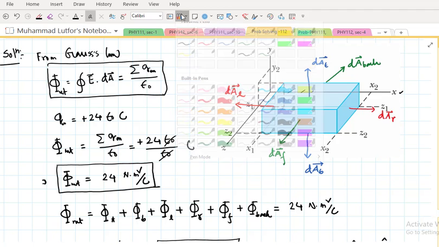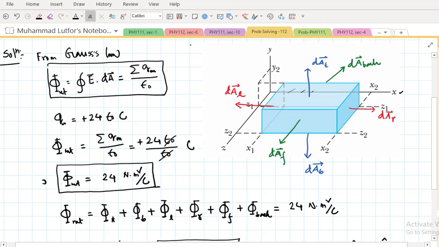Fine. Now I can also write this area in terms of vectors. I'm going to express the right surface area vector as towards the positive x direction, and this will be towards the negative x direction.